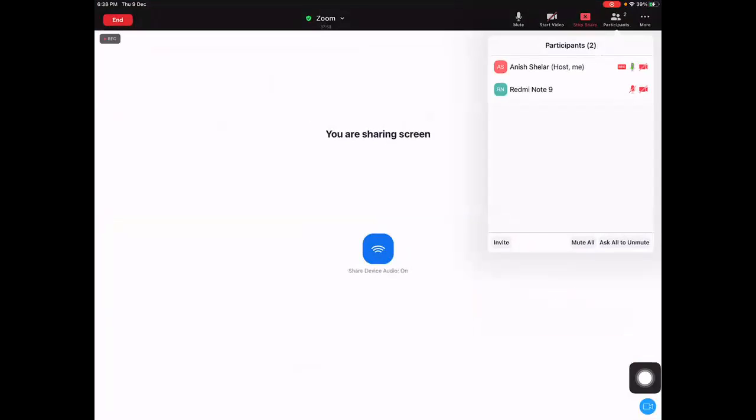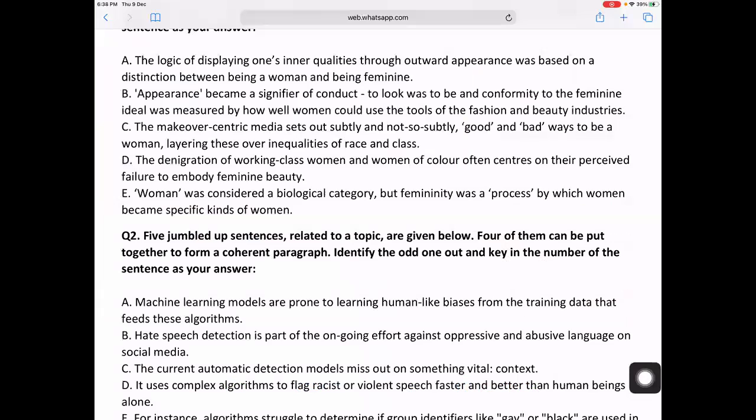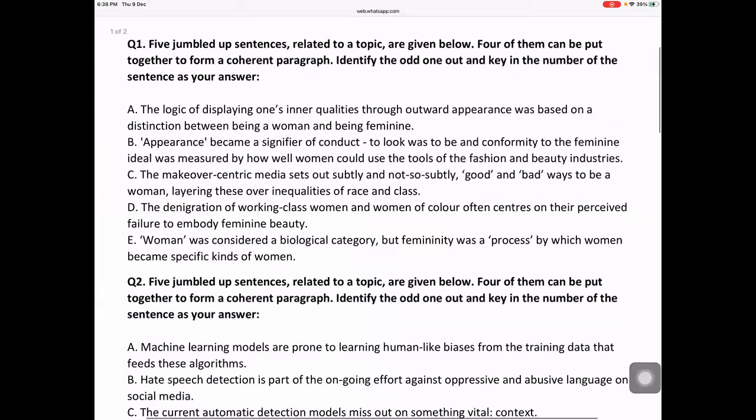Shreya, shall I explain the answer for question number 1? I think your audio is muted, that's why I'm not getting your voice. Okay, I can explain it to you first and then you can do the second one.